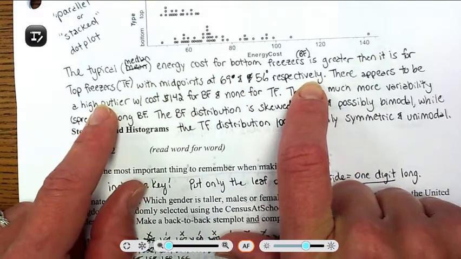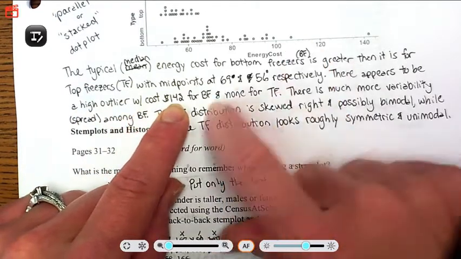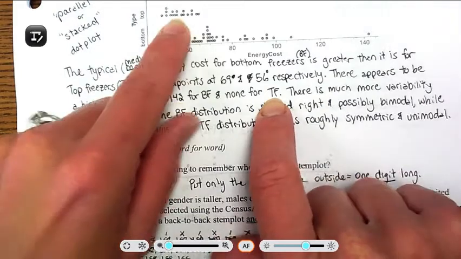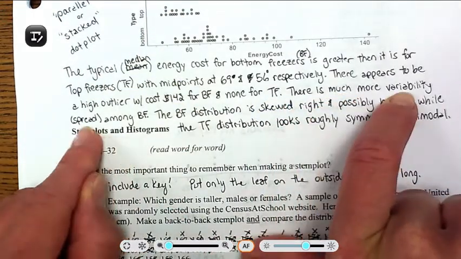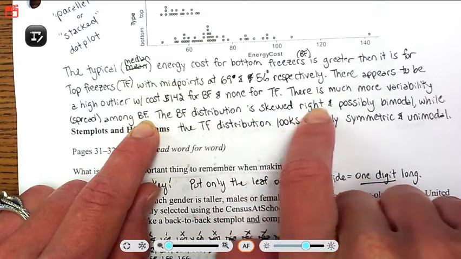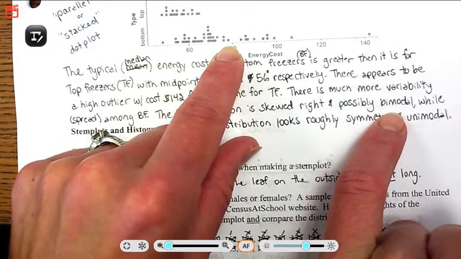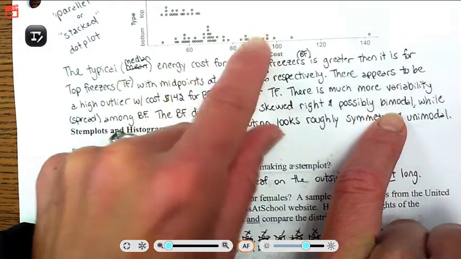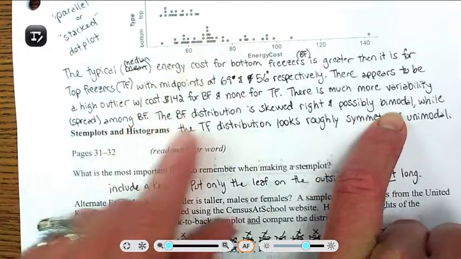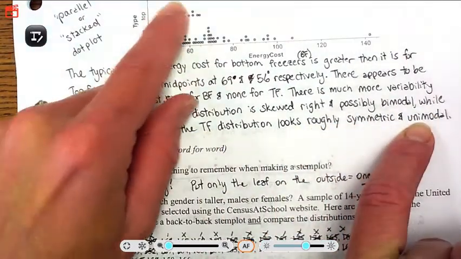There appears to be a higher outlier with a cost of $142 for bottom freezers and none for top freezers. There is much more variability or spread among bottom freezers. The bottom freezer distribution is skewed right and possibly bimodal. Okay. Then maybe like another mode here and here. While the top freezer distribution looks roughly symmetric and unimodal.